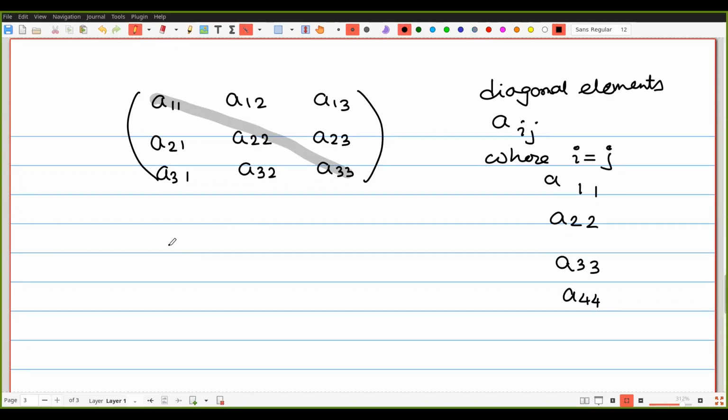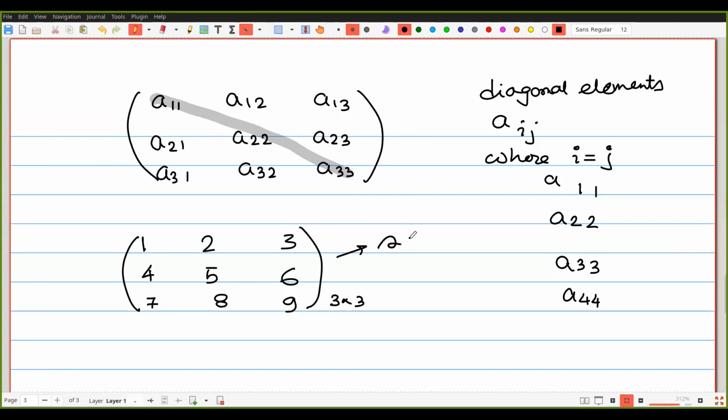So according to the condition, suppose another one: 1, 2, 3, 4, 5, 6, 7, 8, 9. Obviously that is a square matrix because it is 3 cross 3. Very good. Then we consider the diagonals.